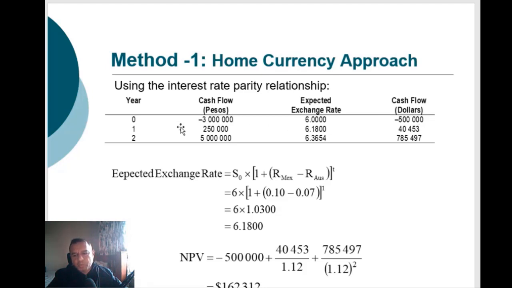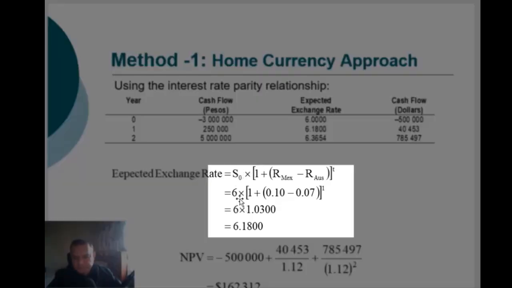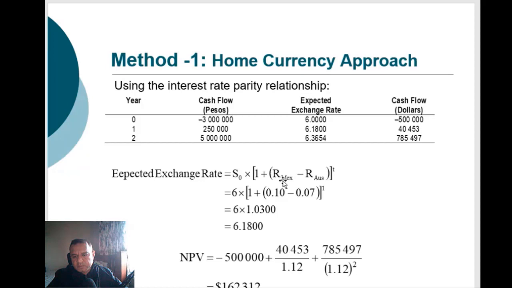The expected exchange rate in year 1, we need to calculate based on the formula. The spot exchange rate is 6, multiplied by 1 plus the rate in Mexico, 10%.